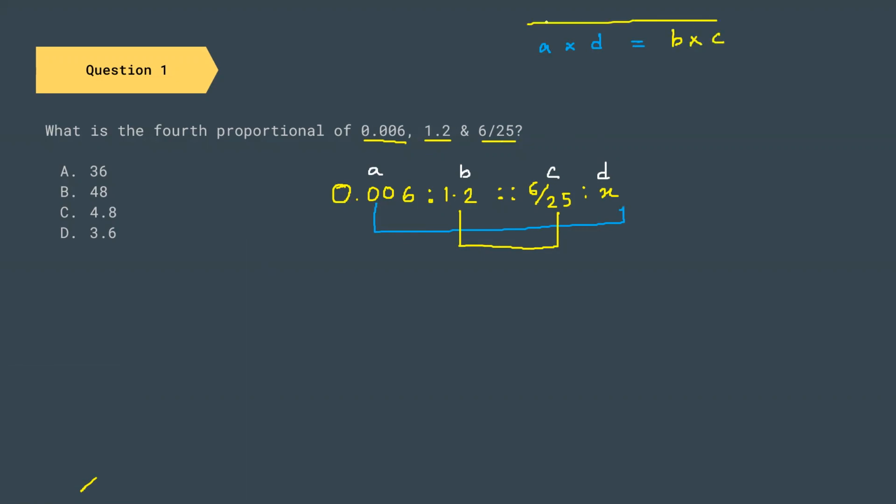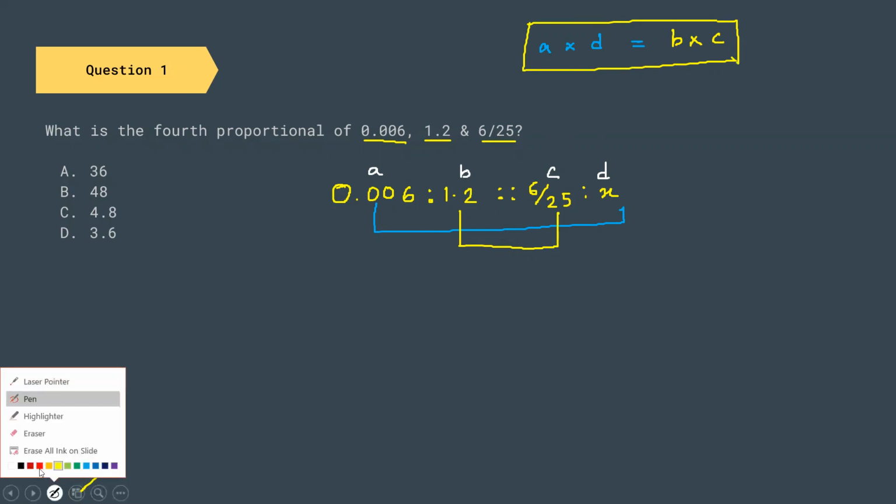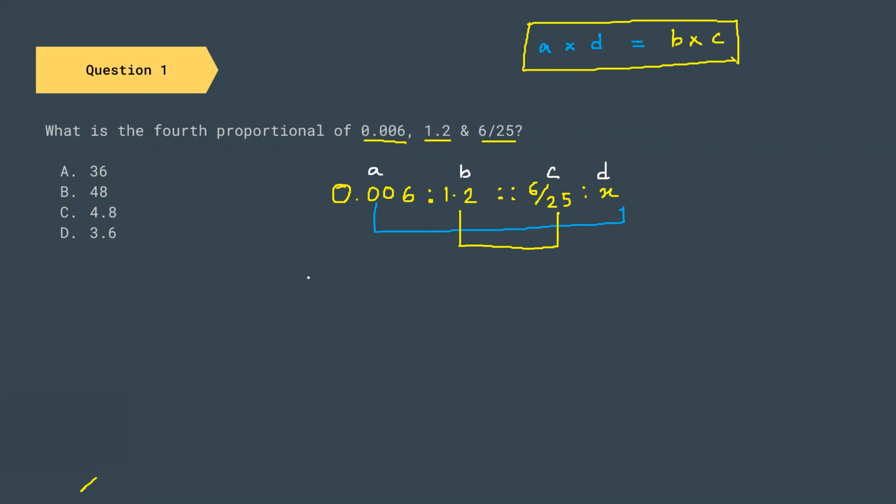This is an important formula, and from this you can easily guess our final formula. So we can write 0.006 multiplied by x is equal to 1.2 multiplied by 6 by 25.